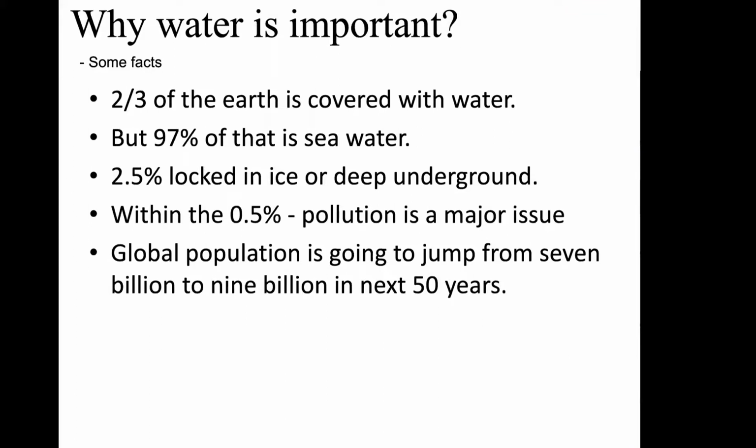Water is important. I am not going into the details of the importance of water, but though 2/3 of the earth is covered with water, only 0.5% is usable for mankind. Even in that 0.5%, pollution is a big issue. With the ever-increasing population, water is going to be one of the very big issues for the future.